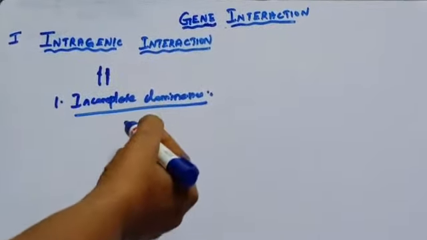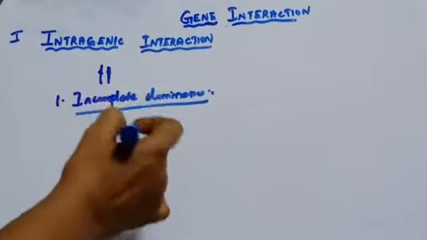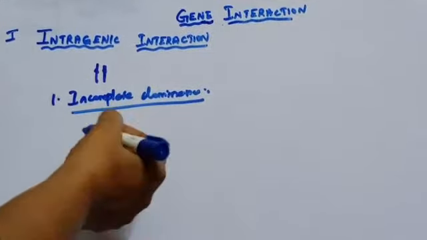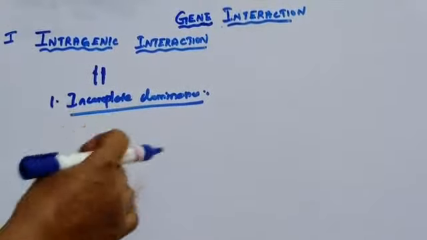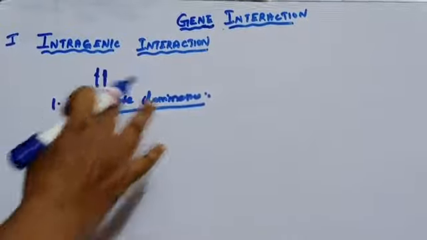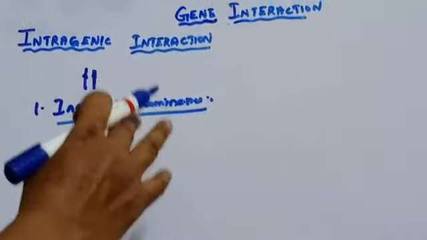In incomplete dominance, neither of the two alleles is dominant, so that the F1 hybrid is intermediate between the expression of the two alleles in homozygous state. I'll explain with an example.